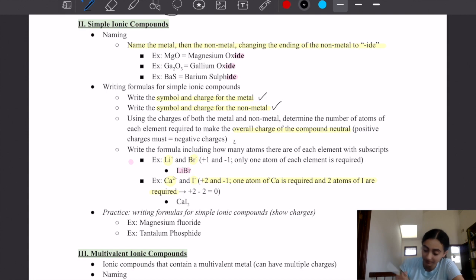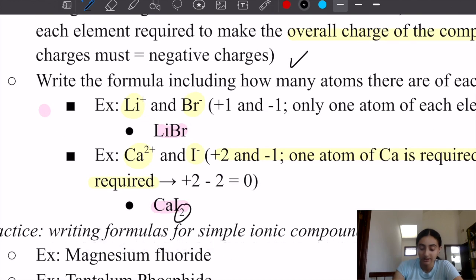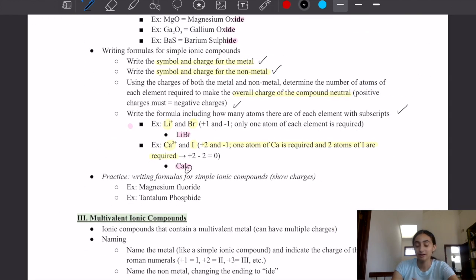So as I wrote here, we have a +2 and a -1. 1 atom of calcium is required and 2 atoms of iodine are required, because that'll be a +2 and a -2. And then I'm going to write my final compound, calcium iodide. And that would be it. And when you're writing the formula, you indicate how many atoms of each element there are with subscripts, and that is the numbers that are beneath the symbol.